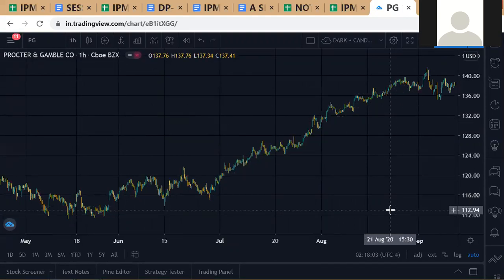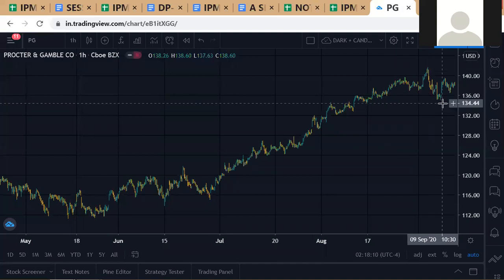Now, because these are going to be higher in order to maintain an uptrend, and here we see that the uptrend is neutralized.